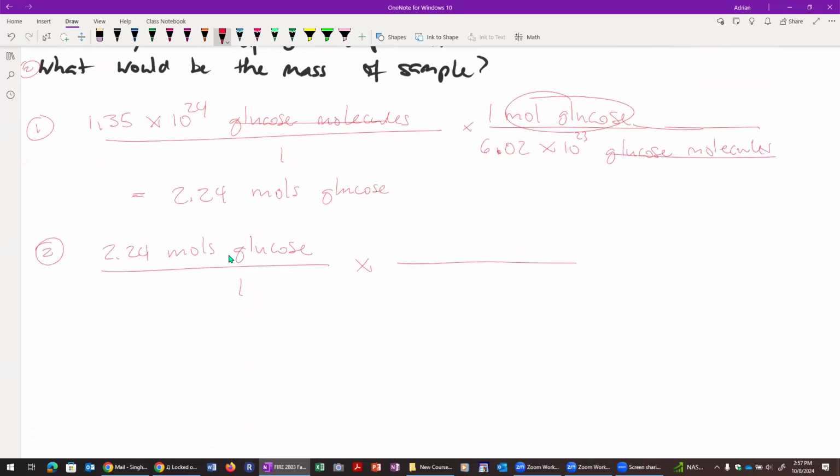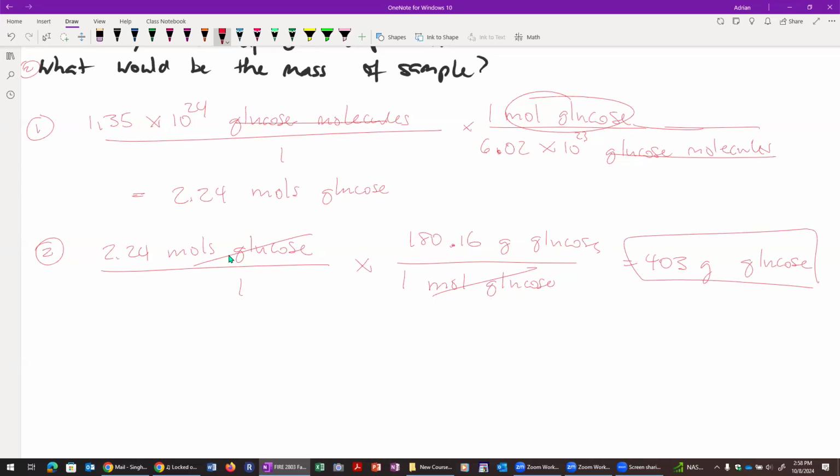So 1 mole of glucose is 180.16 grams of glucose. Moles go away. So 2.24 times 180.16 gives 403, and then my unit is grams of glucose.